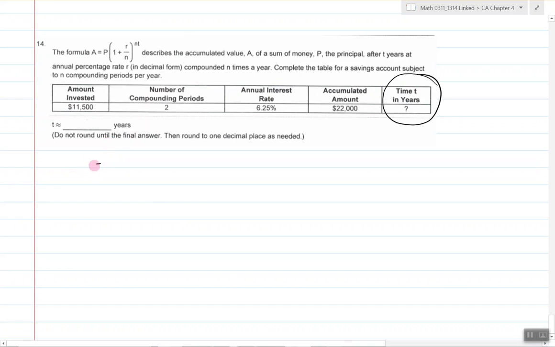I'll write down the formula and then we'll plug in. A is equal to P times 1 plus r over n, raised to the n times t power. The future value, the accumulated amount, is $22,000. The investment, the principal, the present value, is $11,500.